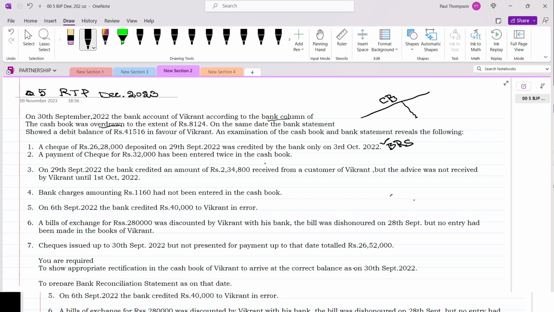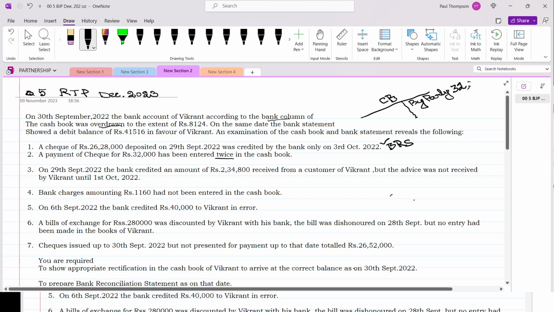Second thing is that a payment of check rupees 32,000 entered twice in the cash book. So what I did by party account to whosoever I made the payment, 32,000 was written twice. So I have to cancel this one. This is a mistake of our book.